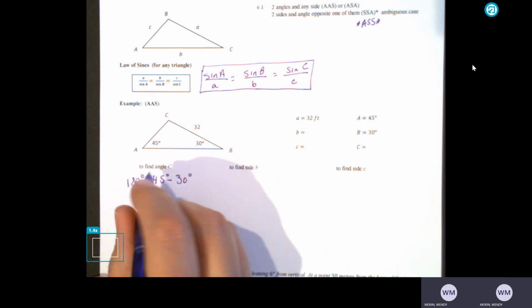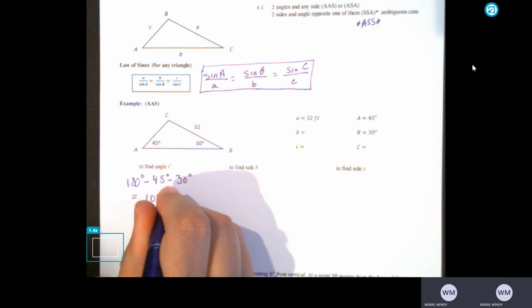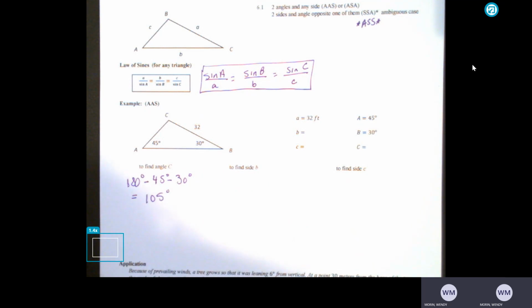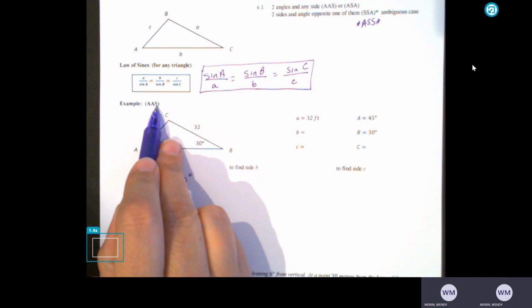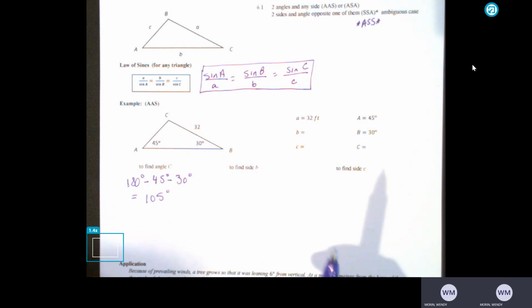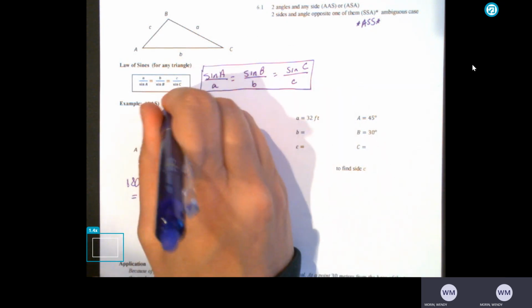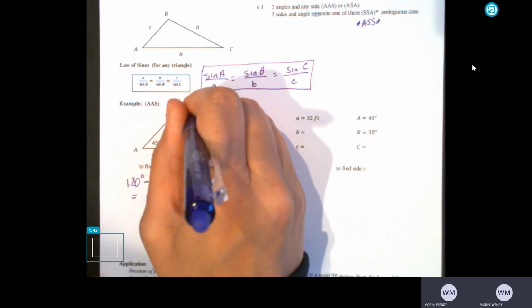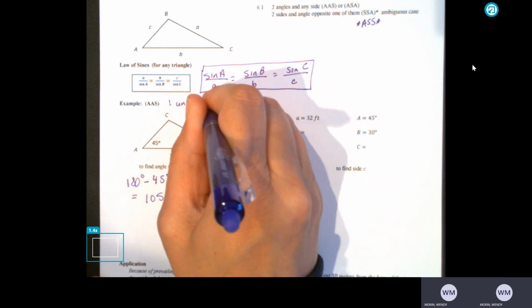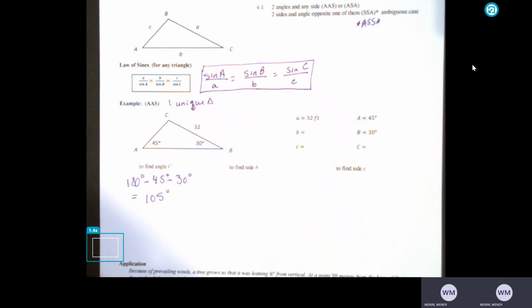And if you type that into your calculator, you should come up with 105 degrees. Angle, angle, side was a congruence theorem. Again, that means one unique triangle with this given information. There's one and only one possibility.